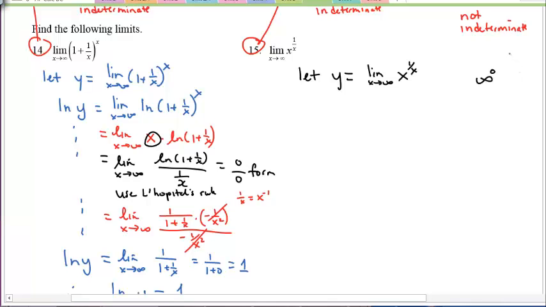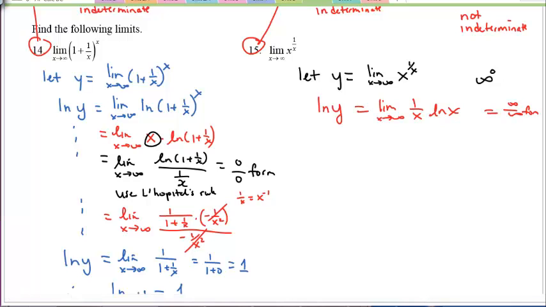Boo, wrong form. Ugh. So once again, take the natural log: 1 over x, limit, 1 over x, natural log of x. Now if I plug this in, this becomes infinity over infinity. Yay, that's the indeterminate form I'm looking for. Now I can apply L'Hopital's rule. Natural log of x is the numerator, so that is 1 over x.